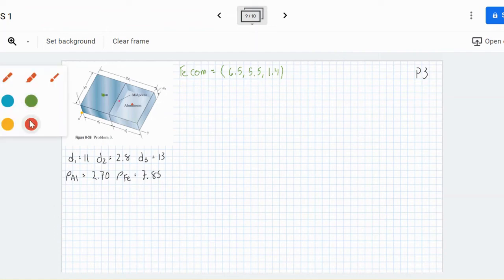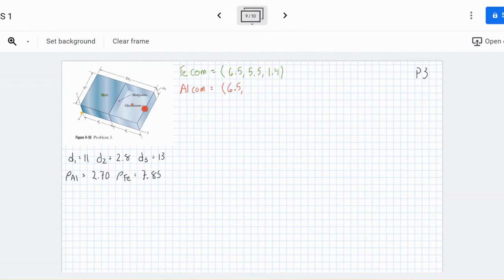Where do you think the center of mass of the aluminum is? Well, in the x direction, that's this direction, it's still halfway. So I feel okay about that, so 6.5. But where, given this is the 0 here, where is the center of mass of aluminum? Well, it's halfway between the middle and this edge here.